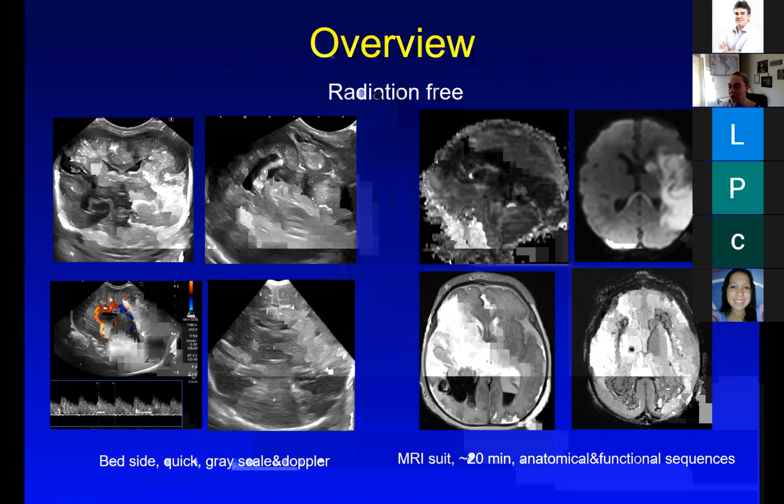So in preterm babies, visualization of the brain is even greater. The other advantage of ultrasound is that it's radiation-free, and it can be performed at the bedside while the baby is in the hospital. The majority of the exam is performed with grayscale imaging, and additional Doppler evaluation can be performed.